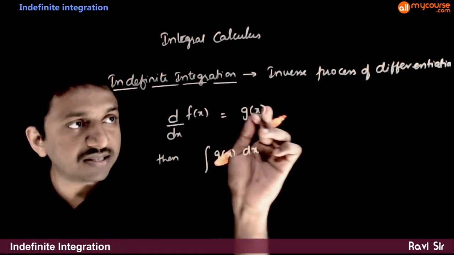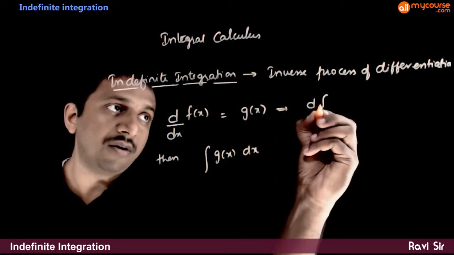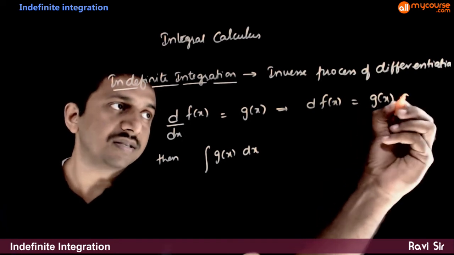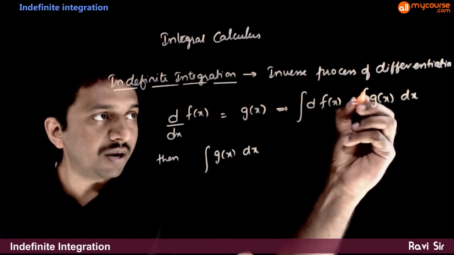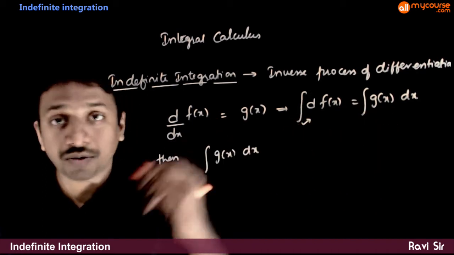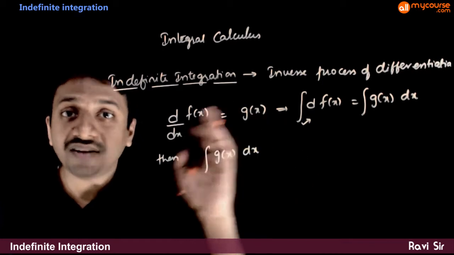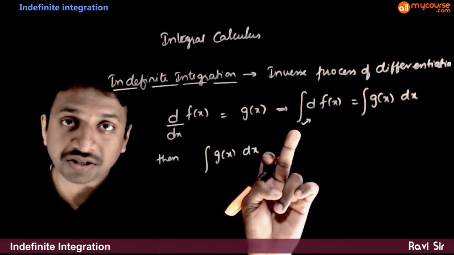This dx is sent onto this side. This implies d of f of x is equal to g of x dx, and we apply the integral symbol on both sides. This is a new symbol that you are going to encounter in this chapter. This is the symbol for indefinite integration.